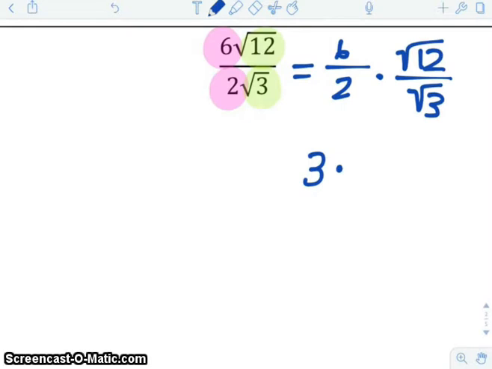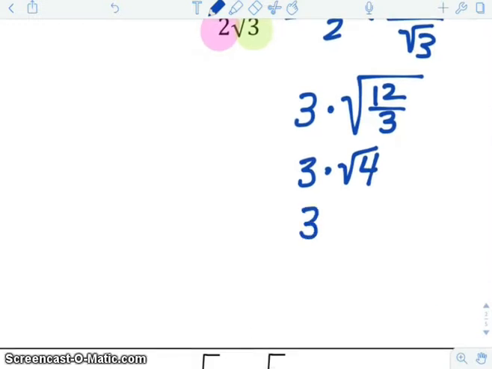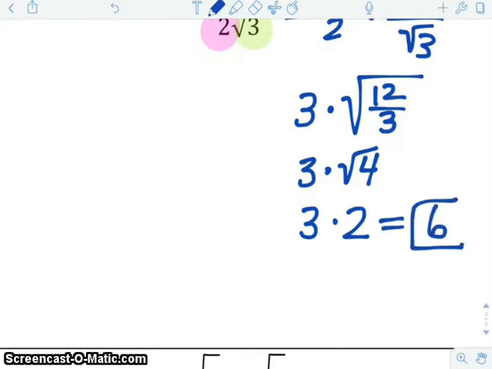I could try to break them down, but if I'm thinking a step ahead, I can put them in one giant radical. And 12 divided by 3 is going to simplify into the square root of 4. Square root of 4 is really 2. And this whole thing ends up simplifying into 6.